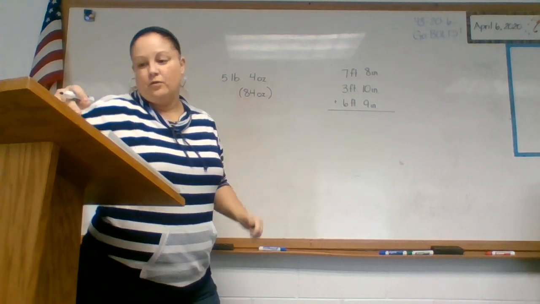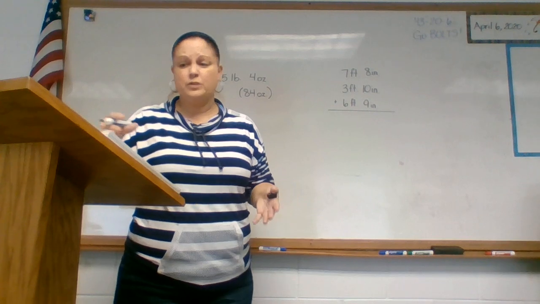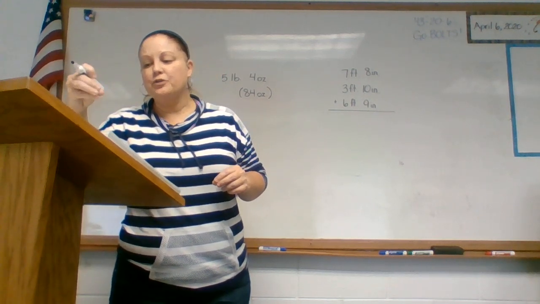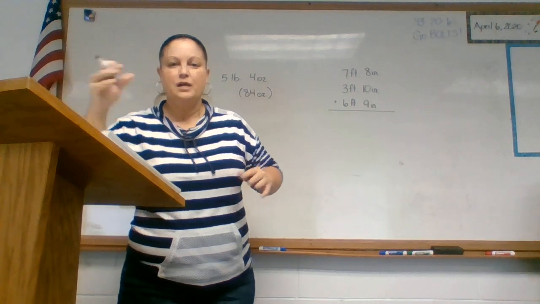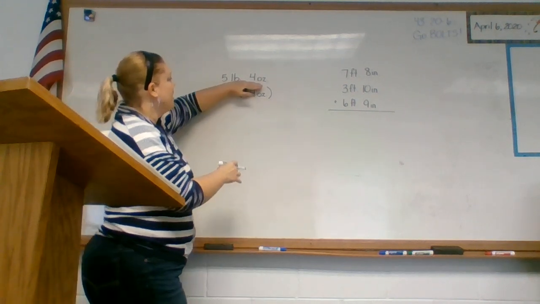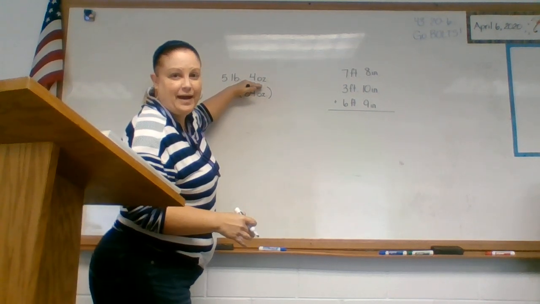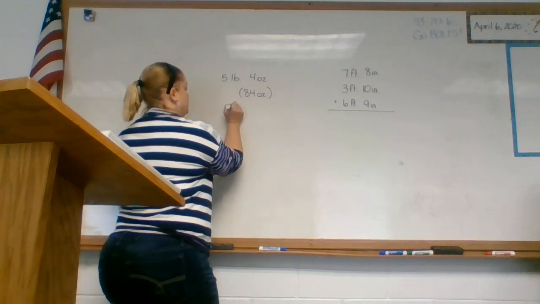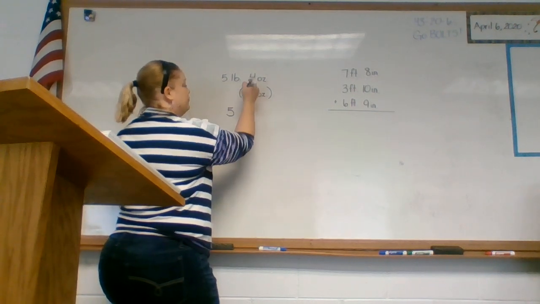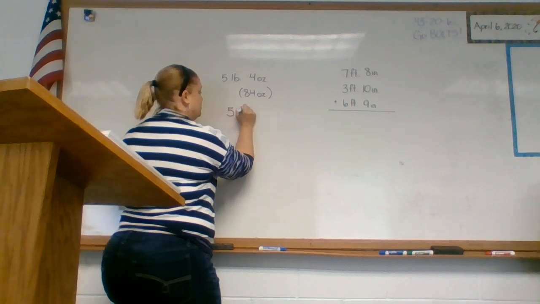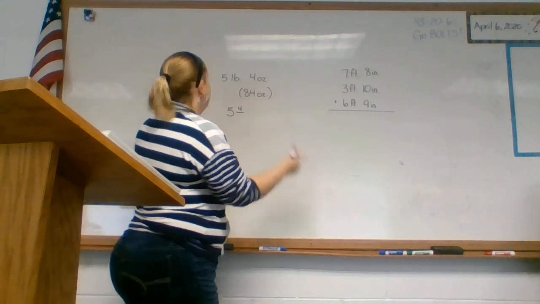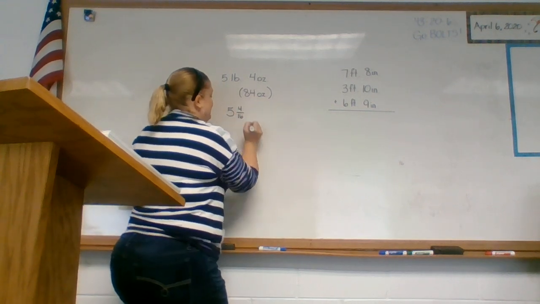There's another way though. Fact 3, and we've done this before as well. A compound measure can also be simplified by converting the smaller unit to the larger. So let's say we want to take 5 pounds and 4 ounces and just make pounds. We're going to use a mixed number, remember? 5 full pounds, and then 4 ounces out of how many sixteenths? Out of 16 ounces in a pound.